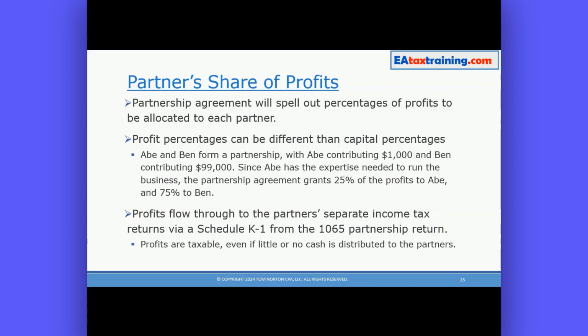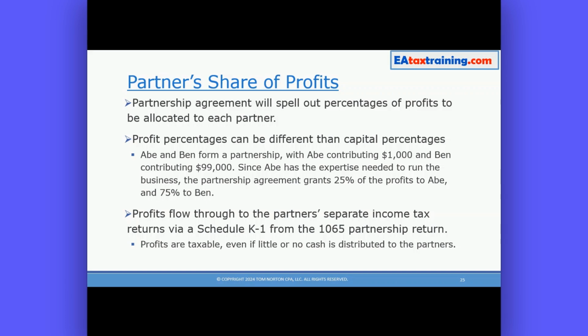So what you could have here is where their capital percentages are 1%, 99%, but in this example, their profit and loss percentages are 25%, 75%. And it can be whatever percentages you want them to be. But the point here is that they can be different.